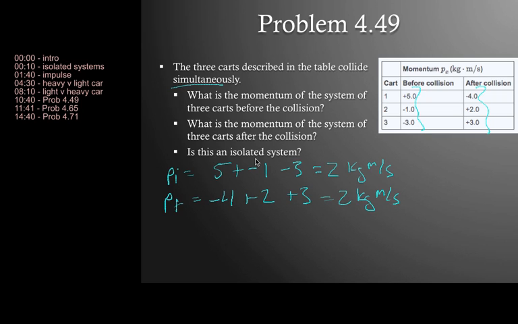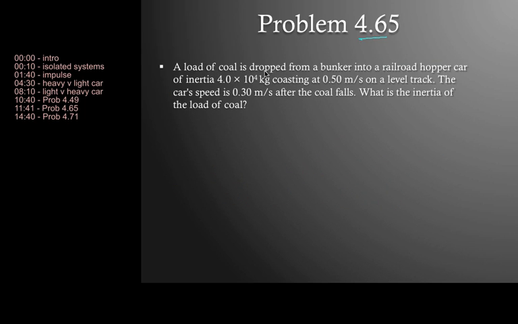So now we can ask, is this an isolated system? What we know is that the initial momentum is equal to the final momentum. So yes, this is an isolated system. Here we have a load of coal dropped from a bunker onto a railroad hopper car. So let's draw this out.